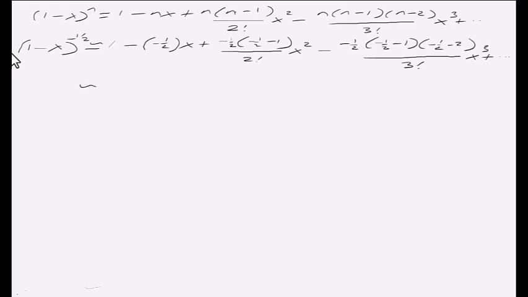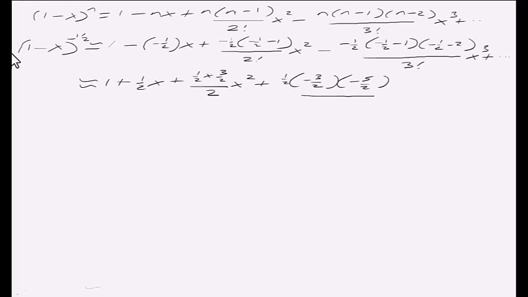which is given by, 2 negatives make a positive, so 1 plus a half of x plus 1 half times 3 over 2 all divided by 2 x squared plus 1 half of minus 3 over 2 minus 5 over 2 all divided by 6 x cubed.